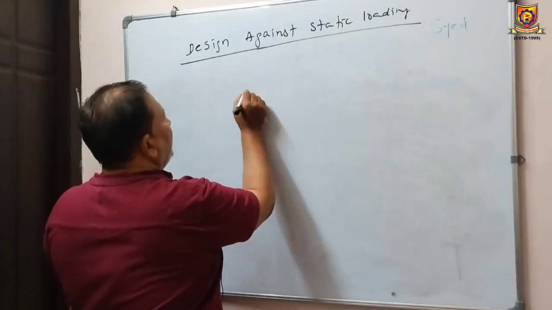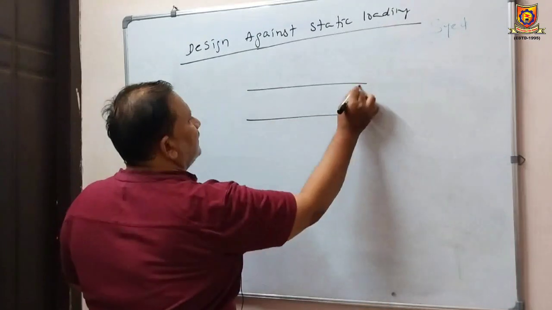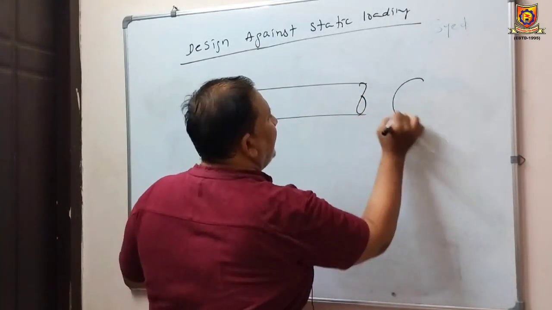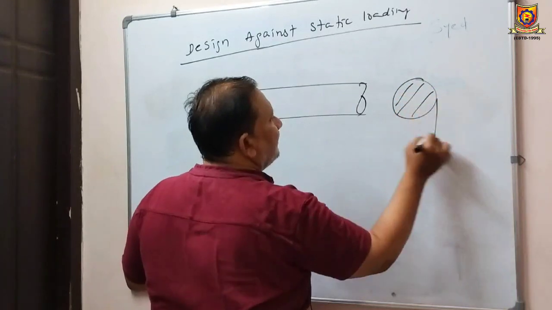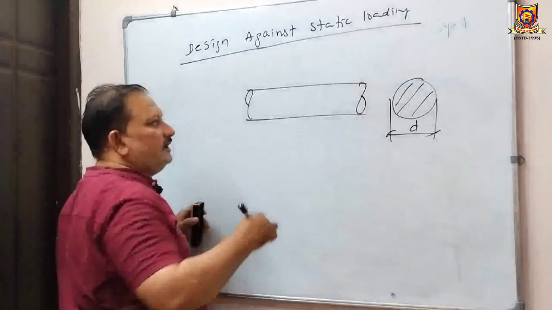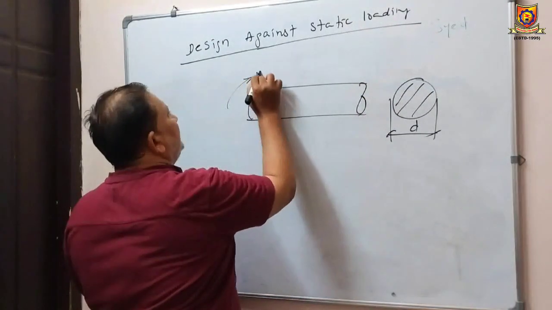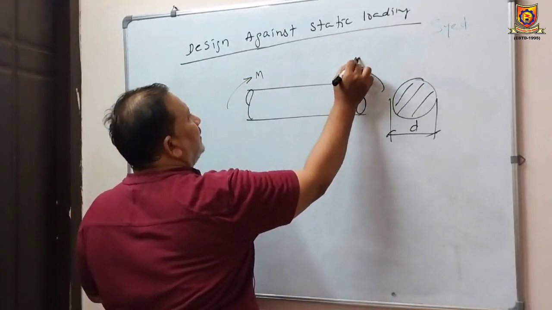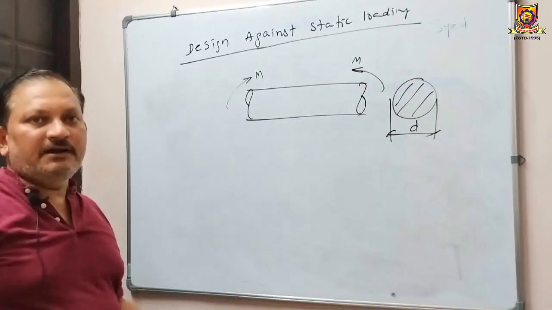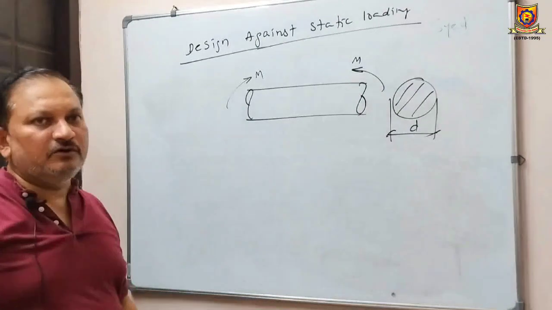Suppose a shaft of diameter D is subjected to a bending moment. Any member subjected to a bending moment will have bending stress induced.